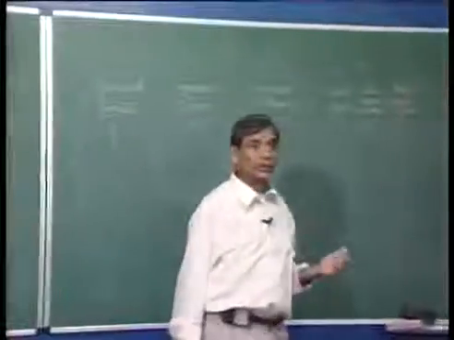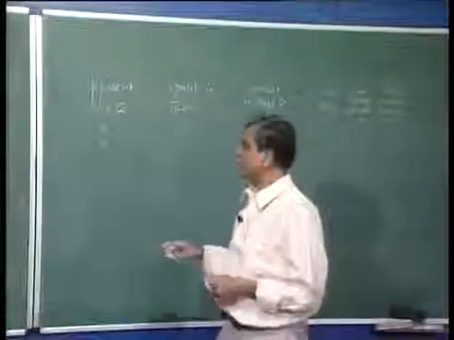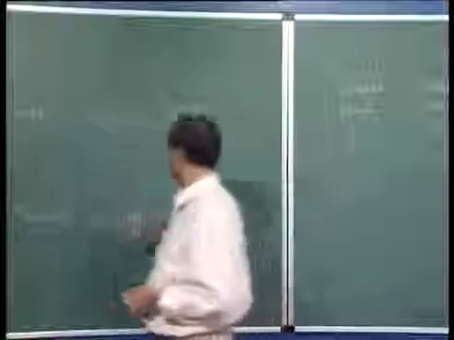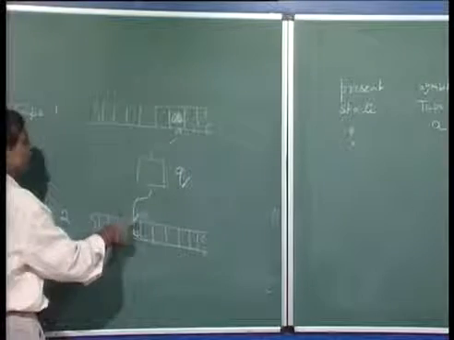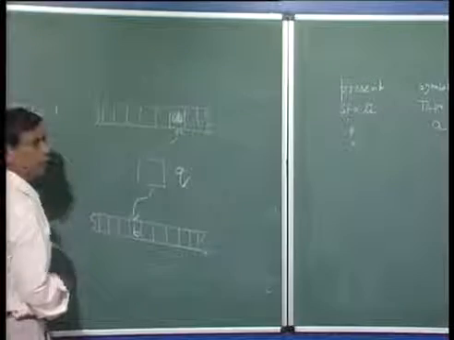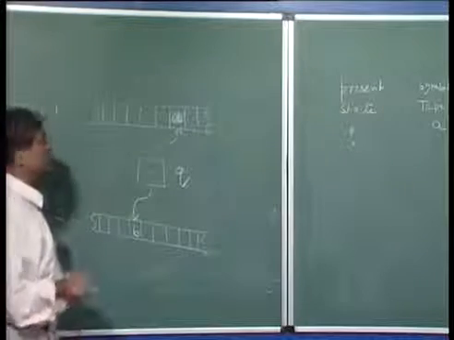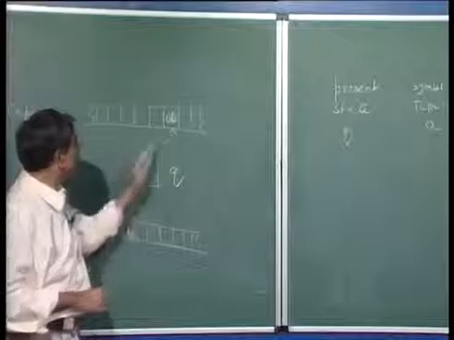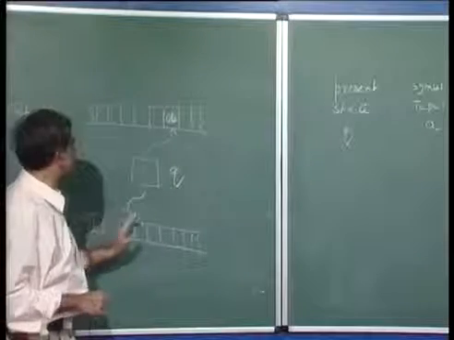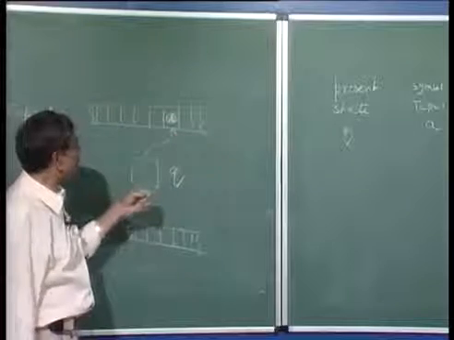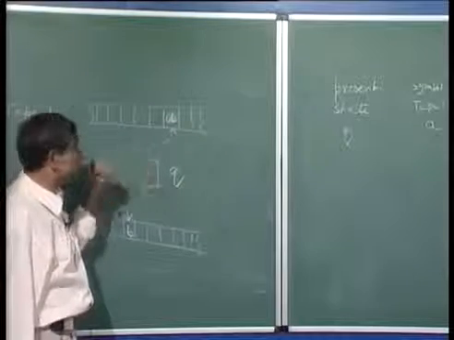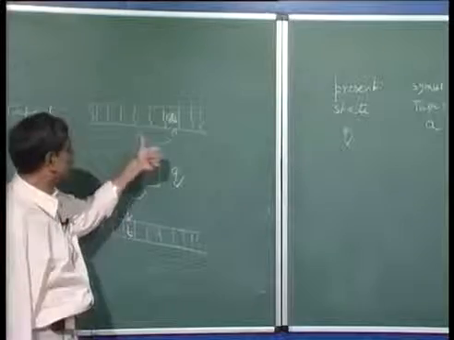now the move. But you see that there are two heads, two read-write heads, and obviously a single move will restrict. Supposing we just say left, then we would mean that both the heads must move to the left, or if we just say right, do you want to restrict that both head 1 and head 2 move in the same direction?